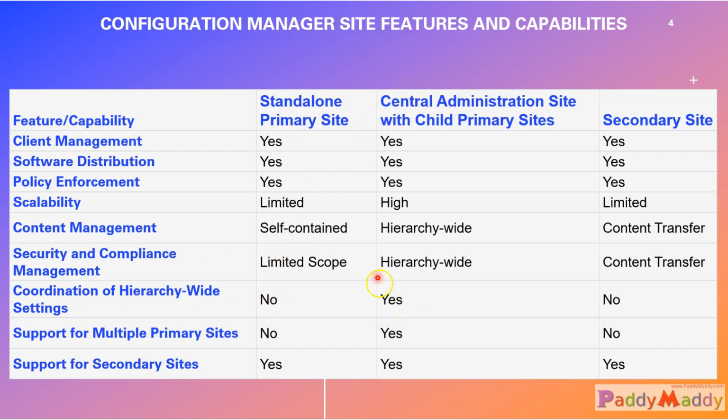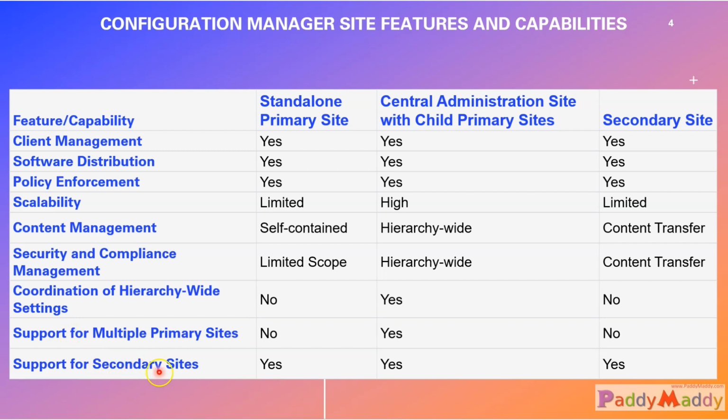But this is applicable in terms of the CAS site only, and you could manage all the settings directly from the CAS site. And even the child primary sites' configuration can be done directly from the CAS admin console. And when we talk about the secondary, you don't have any option for the hierarchy-wide settings. Support for multiple primary sites is only possible with your CAS site. It's not possible with your standalone primary or secondary site.